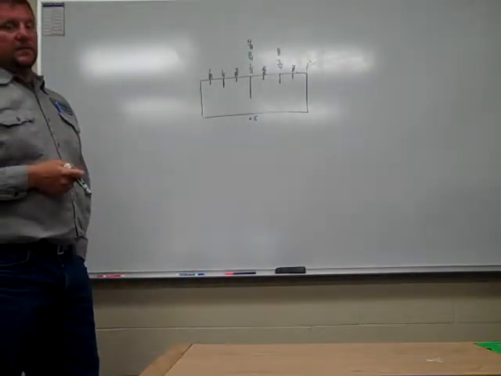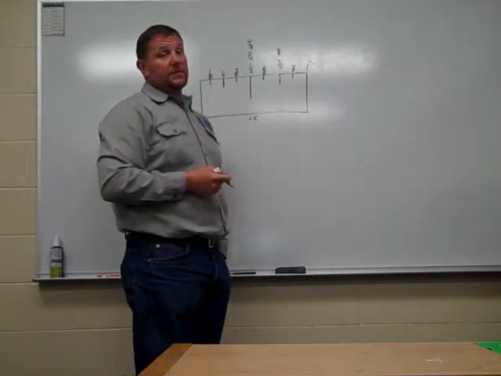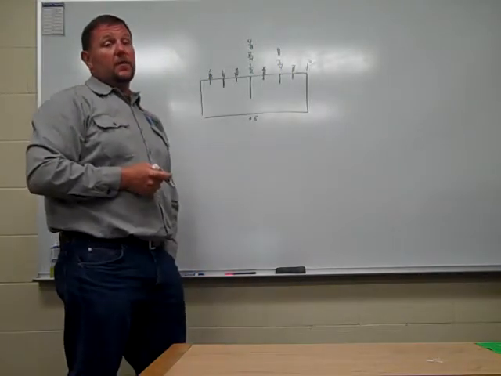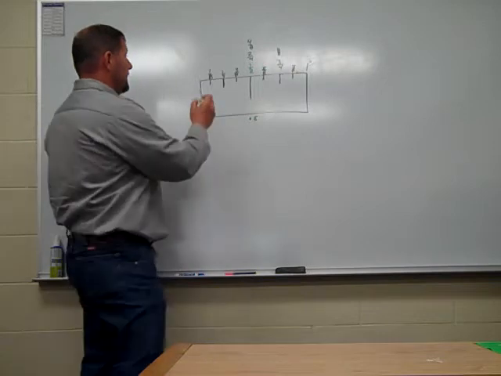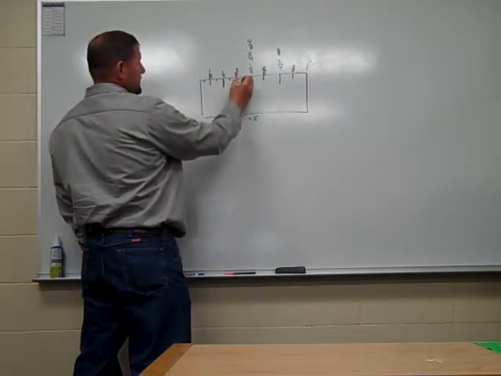Memorize these too, because you're going to be using your tape measure not only in this class, but when you get into fabrication or even in one of your welding classes. Then typically we go down to 16ths, which are the lowest ones.